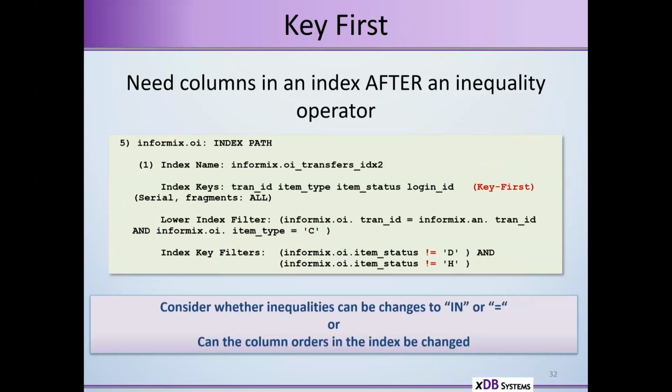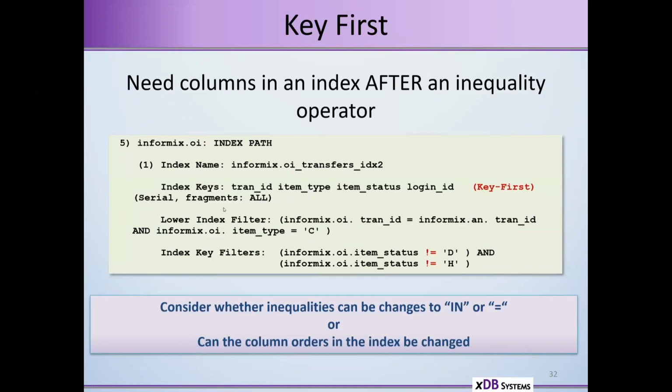So another way you'll see the key first, this statement here following your index, is if we're using inequalities. In that same way, a previous example, the value wasn't specified. If we specify an inequality, then that value cannot be used to drill down in the data.